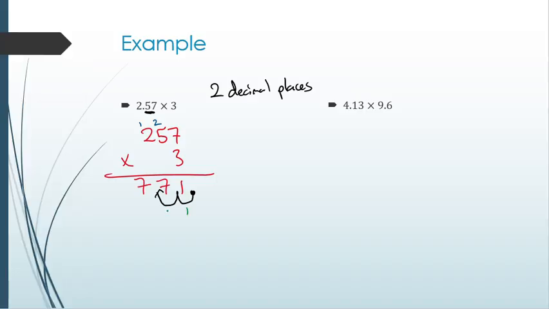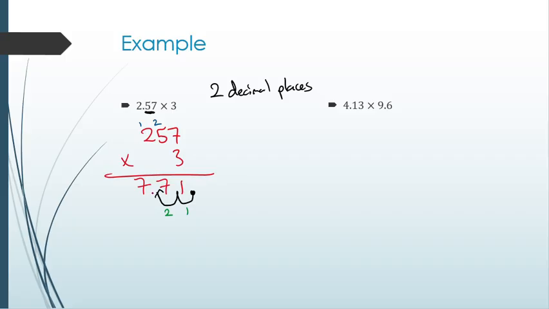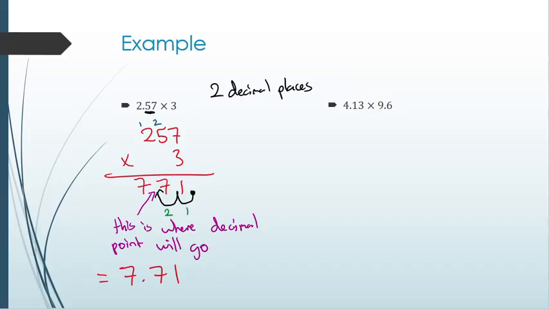So it's like the first step, this is the second step, and then over here, I'll put it in purple. This is where the decimal point will go. So my final answer is actually 7.71. Okay?